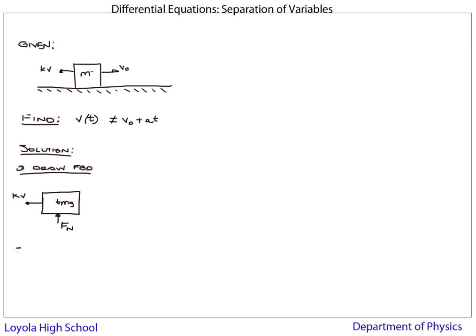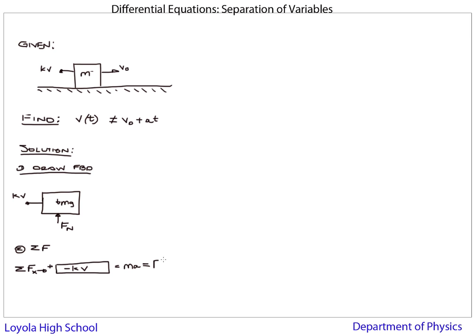The next thing we can do is write our force equations. So step 2, we're going to sum the forces. I'm going to sum the forces in the x direction, and this is going to be minus kV equals ma.